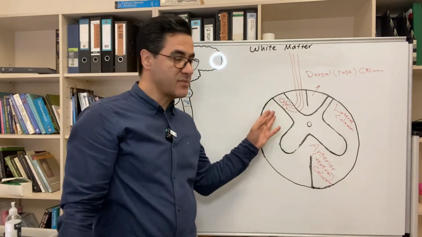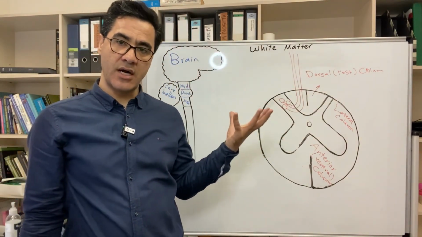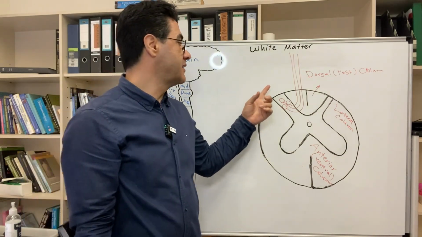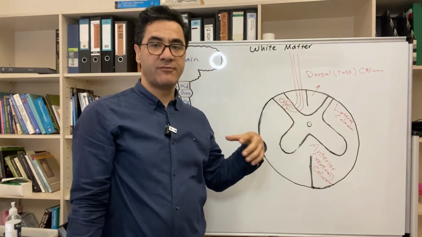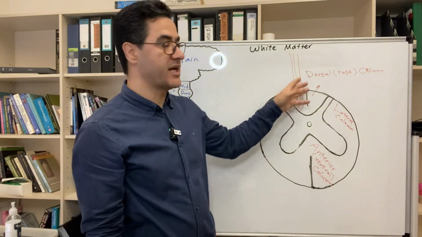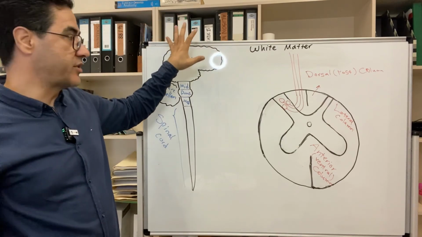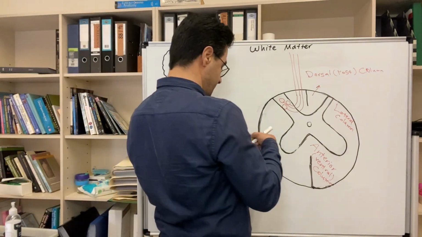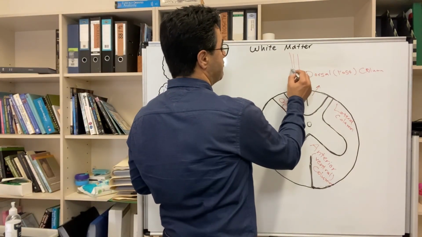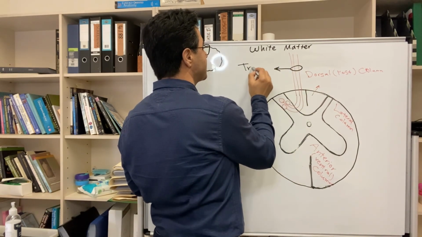So the white matter of the spinal cord serves as a highway, and in this highway we have a bunch of myelinated axons that are carrying the sensory information from the environment to the brain. And this bunch of myelinated axons are called tracts.